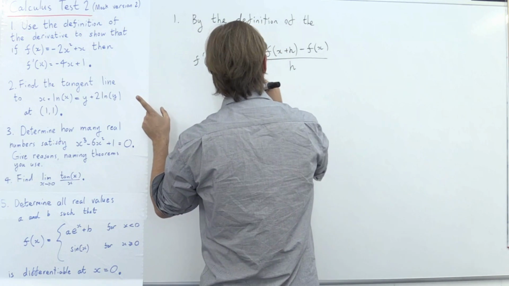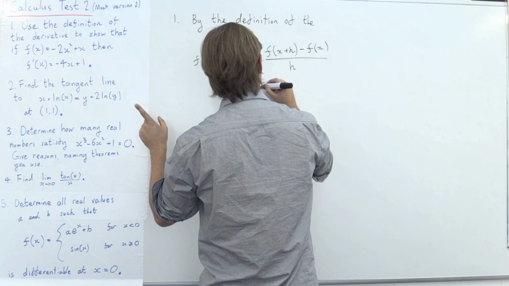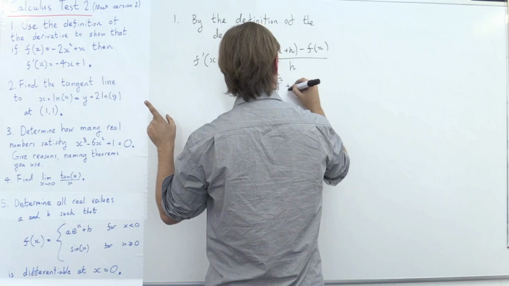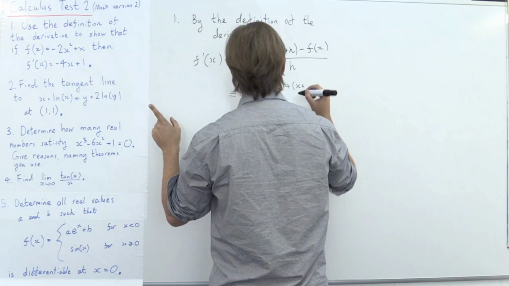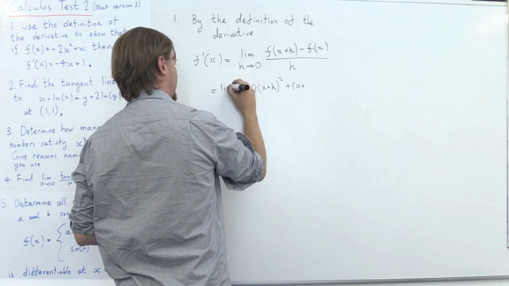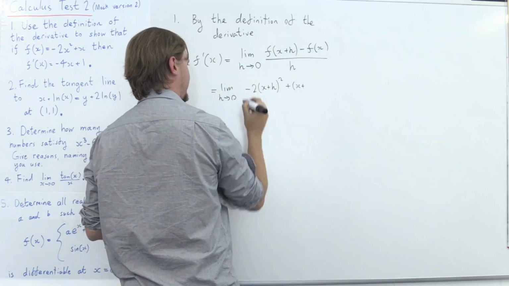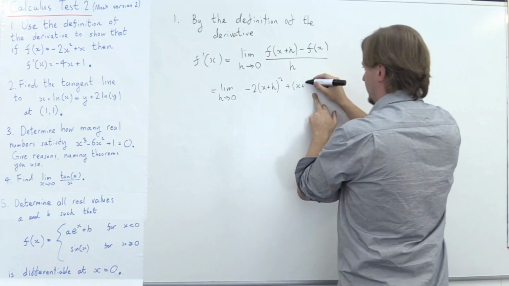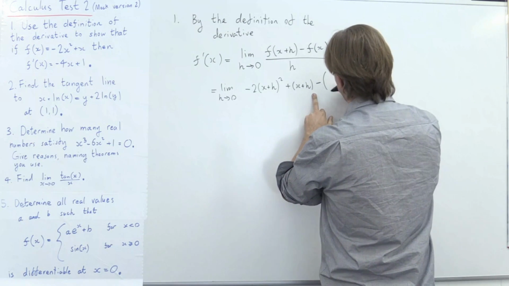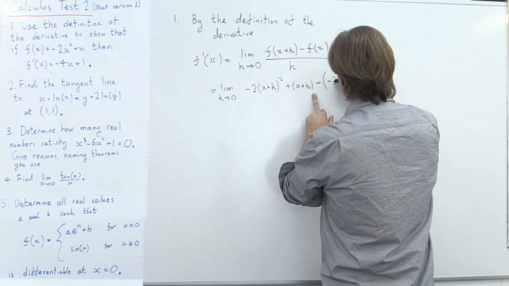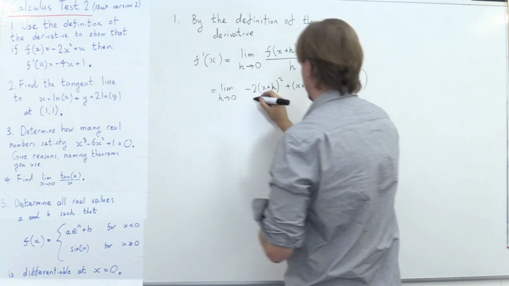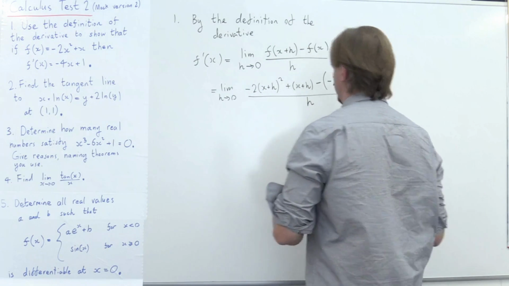So this is going to be minus 2 times (x plus h) squared plus x plus h. So this limit is the limit as h approaches 0 of this, minus, let's put some brackets so I don't make mistakes, minus (2x squared plus x), all divided by h.